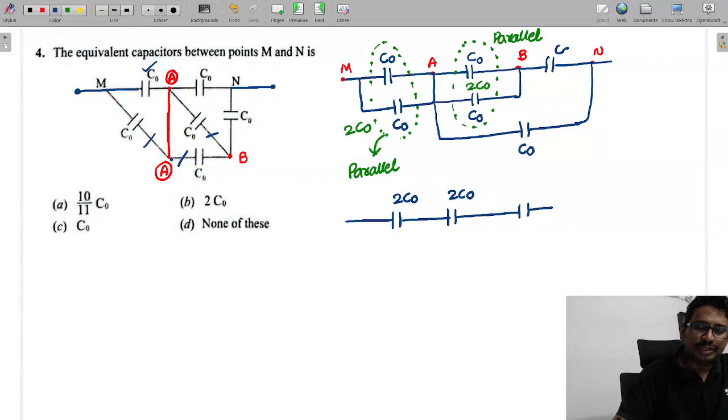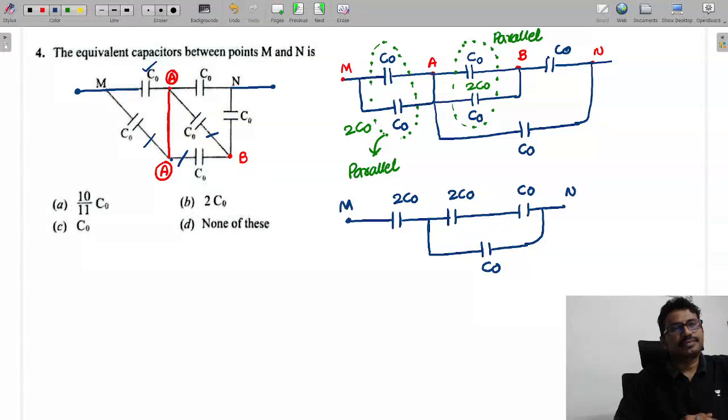This value is C0. Next we have another capacitance, this value is C0, and this is M, and this is N.